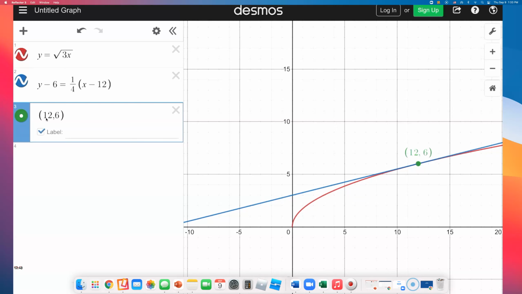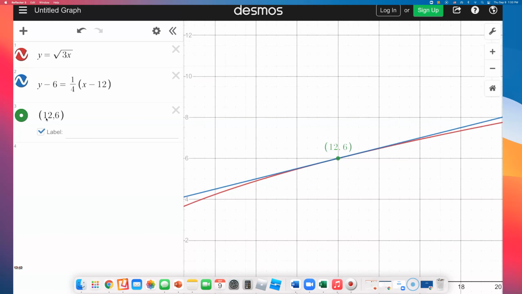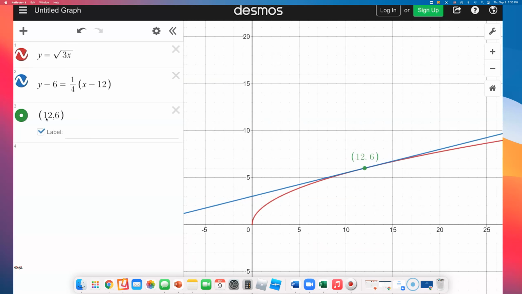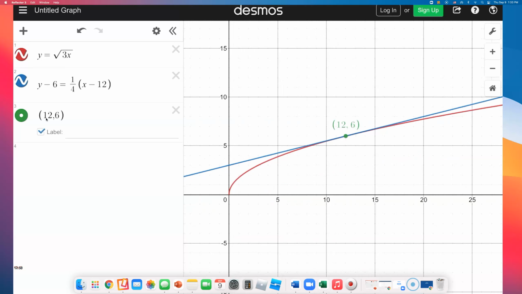Oh no, or not, oh no, oh yes, look how good this looks. I wonder if there's a way for me to just adjust the y-axis so that I can stretch it vertically for you. But I see it, I can see that the red curve is the function, it's a square root function, and the blue line is a tangent line that is touching this point at 12, 6.